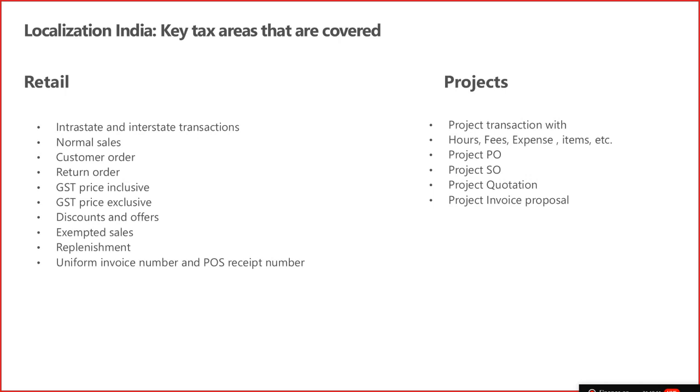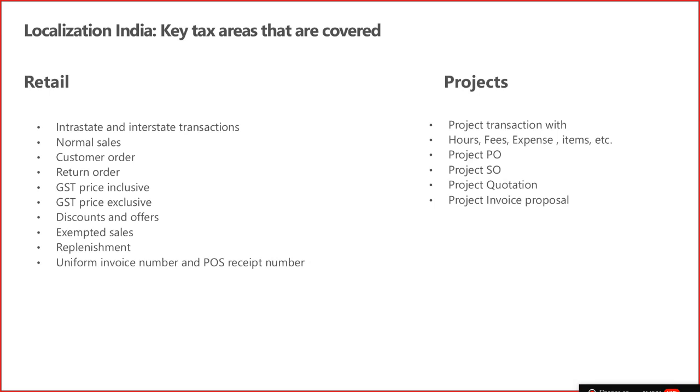Then we have retail as well. Retail is also integrated and localized, where the intrastate and interstate transactions can be handled. Normal customer order, return order, price inclusive and exclusive scenario, discount and offer, exempted replenishment, and then uniform invoice number on the POS receipt.